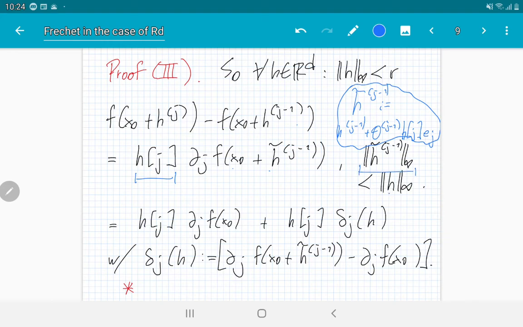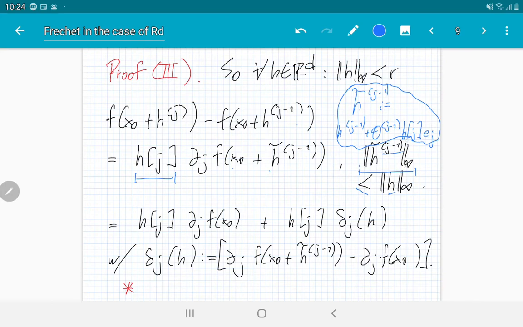And why is that? Because the first j minus 1 coordinates of this vector are equal to the coordinates of h. The jth coordinate is the jth coordinate of h multiplied by a number between 0 and 1. So it's less than the jth coordinate of h in absolute value, and, sorry, should be less than or equal to. And the other coordinates are 0.